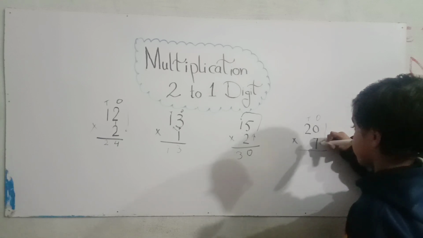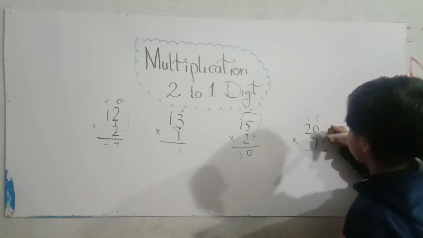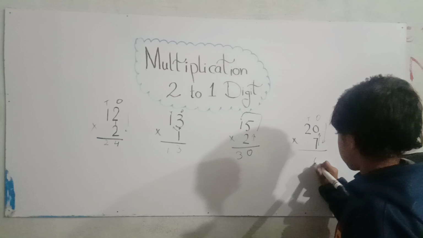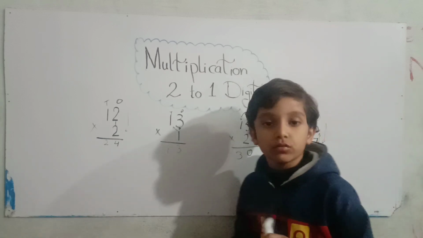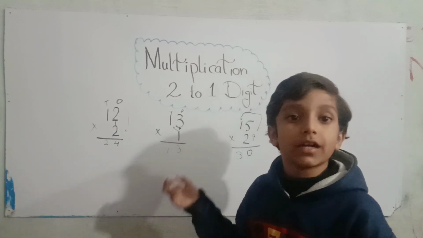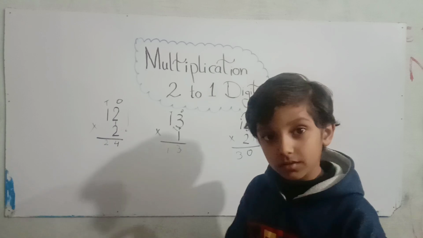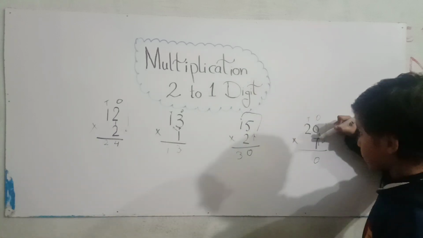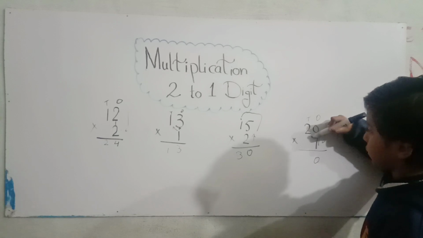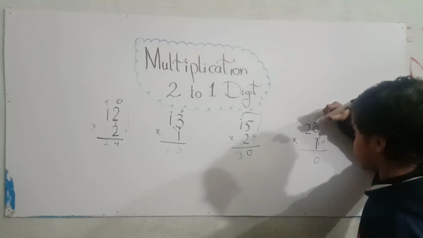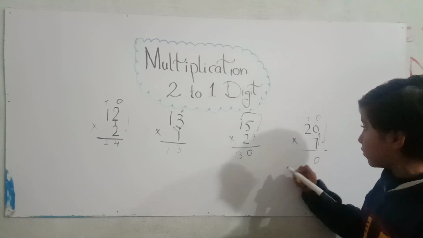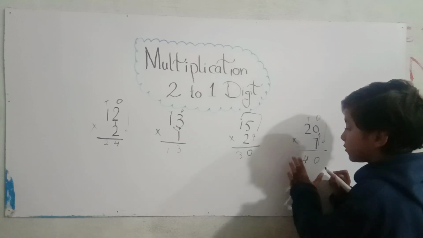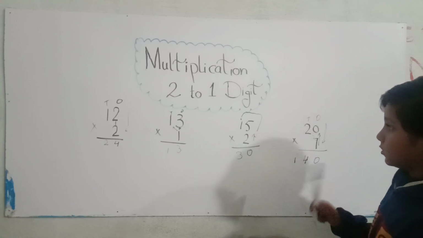And we have to multiply 7 by 0. 7 times 0 is 0. I think you think that 0 is none. So we have to multiply this digit to this digit. 7 times 2 is 14. The answer is 14.